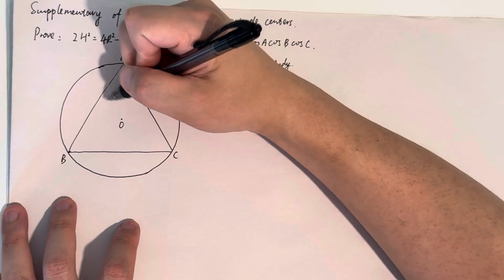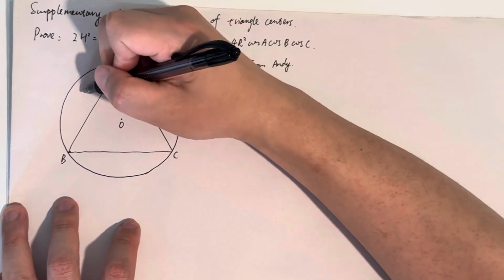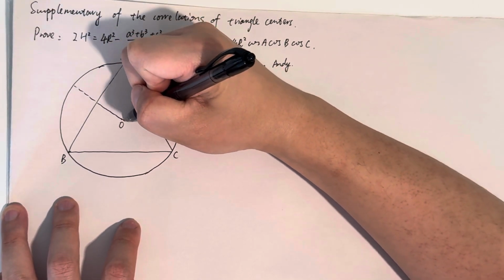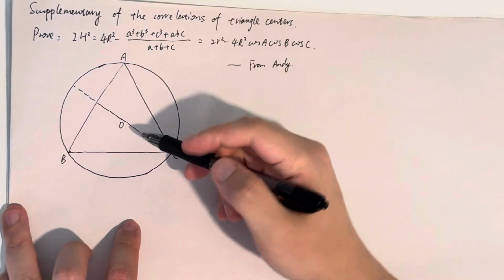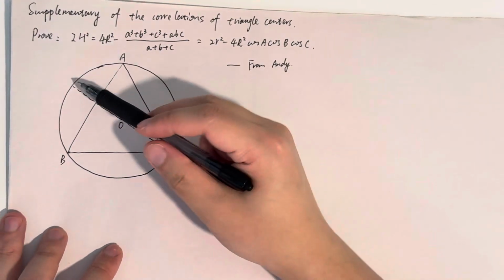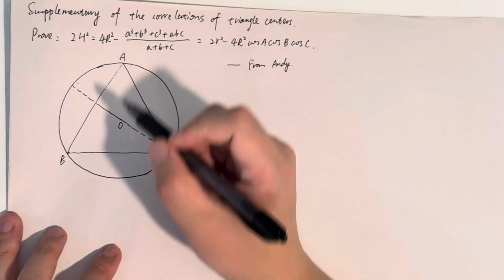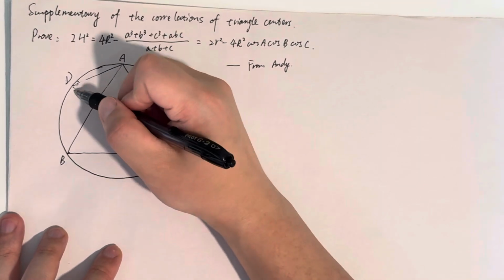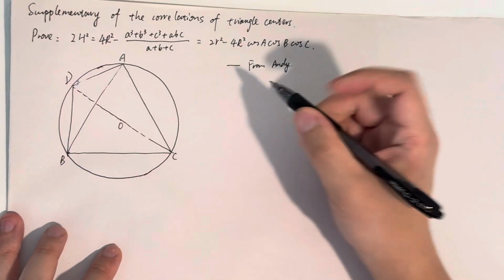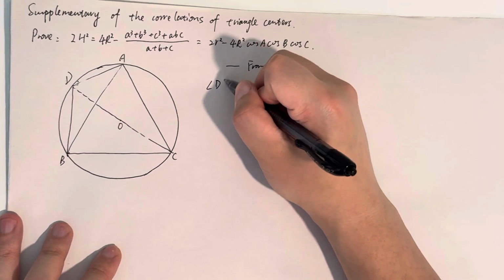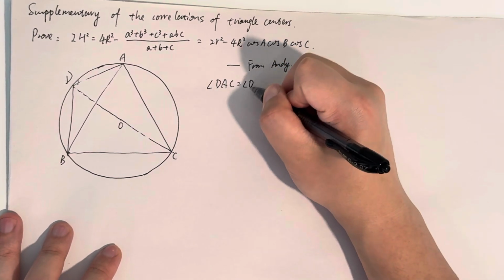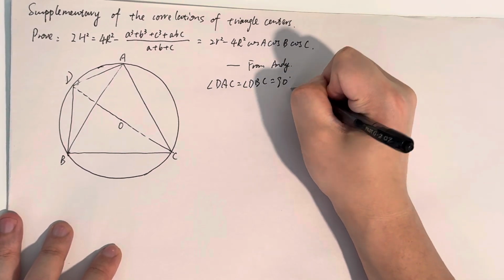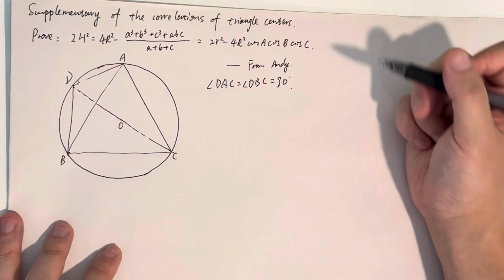The idea is to connect the point C with the circumcenter and extend it to meet the circumcircle at point D, and connect AD, connect BD. So we know that angle DAC equals angle DBC equals 90 degrees because CD is a diameter, right?